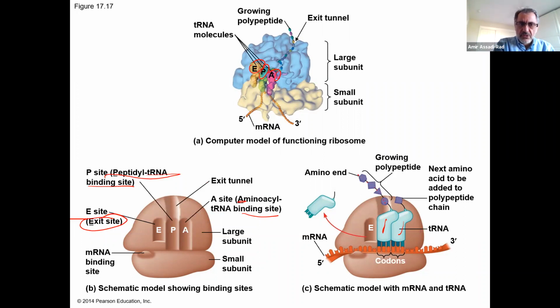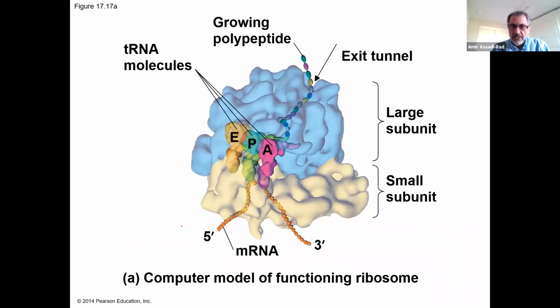And of course, your textbook is saying the reason for P is peptidyl tRNA. I'm saying it easier for you: E as exit and A as arrival. That would be amino acid tRNA binding sites. Right here, they're showing it to you again, nice and beautiful.